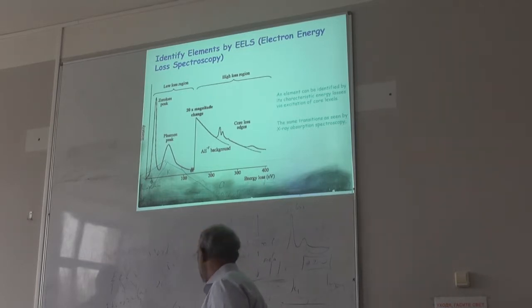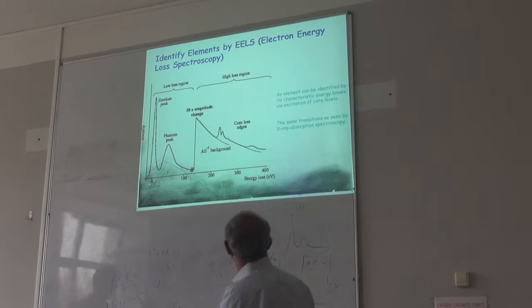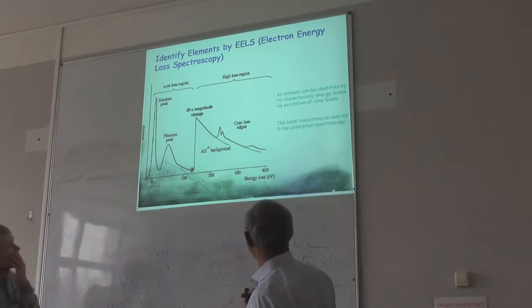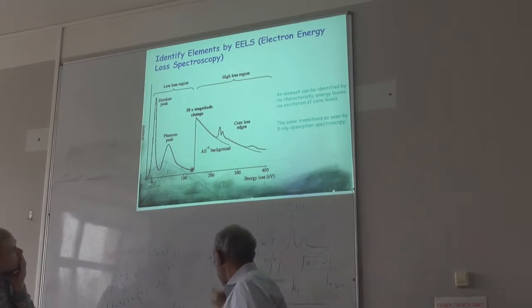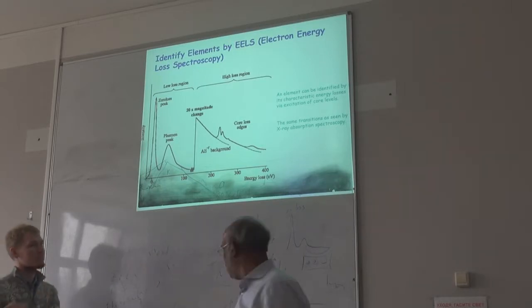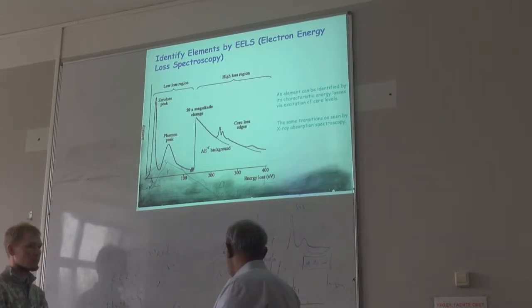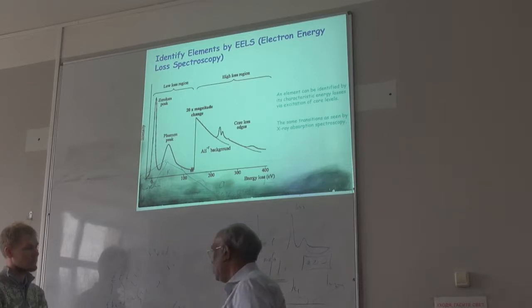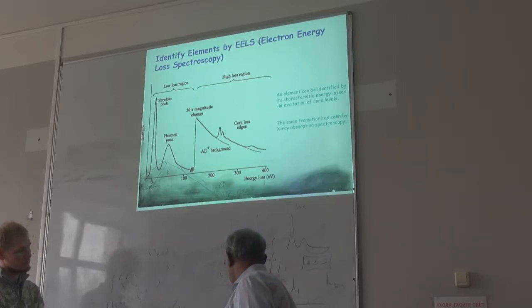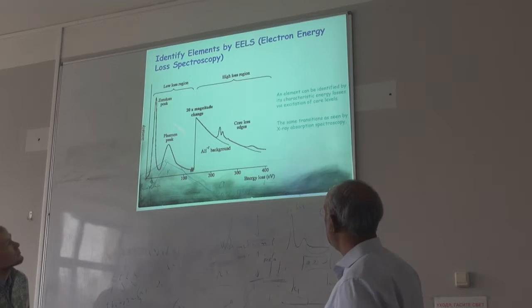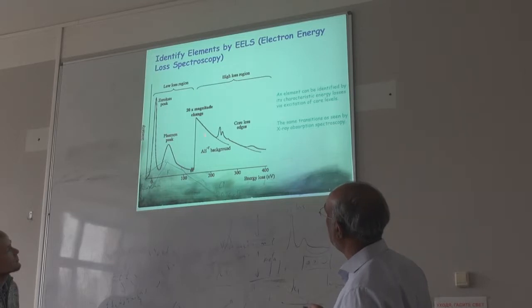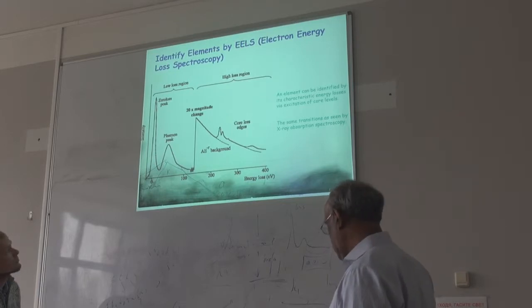Whether it removes this one or this one, those are the features you get. Because each atom has a specific energy for these levels. If you take gold, we know what this energy is. If you take copper, it has different numbers. From that you can easily tell what kind of features you are getting here. So this is the zero loss, then you have the plasmon, then you have these core electrons coming from that. So let me show you some.